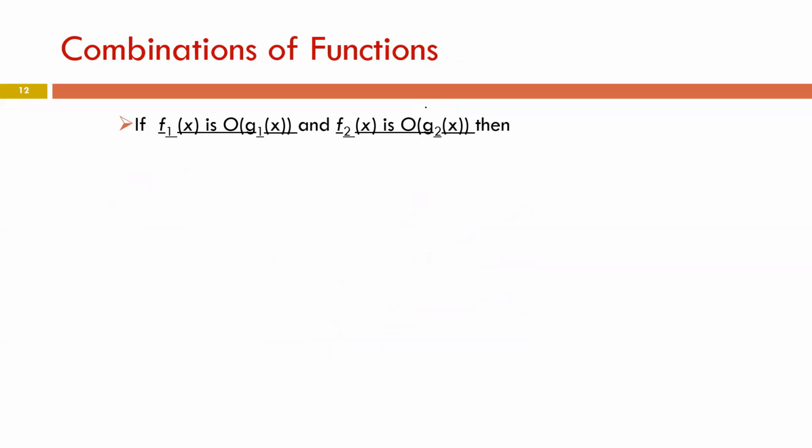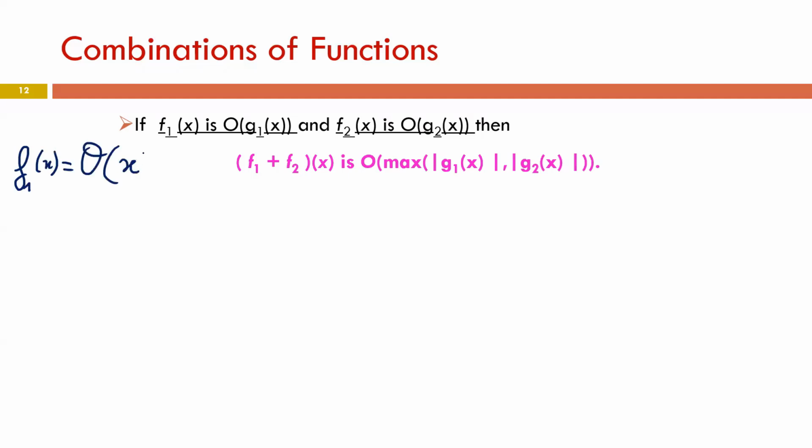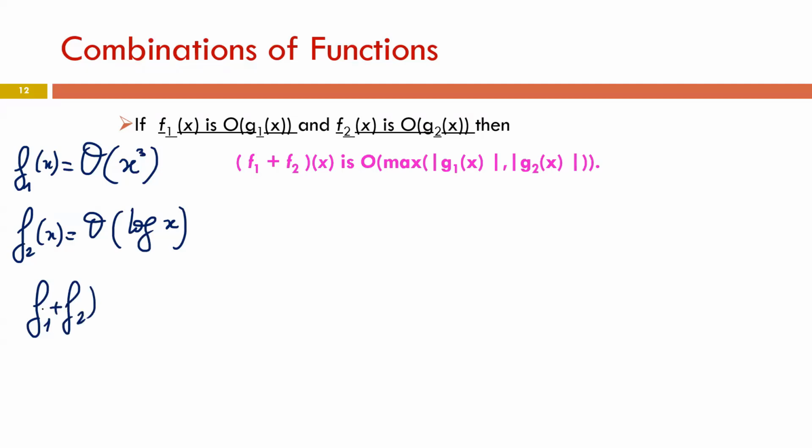Some properties. If F1 is a big O of G1 and F2 is a big O of G2, then F1 plus F2 is a big O of the max of G1 and G2. What does it mean? It means that if your function F1, for example, is a big O of x cube, and your function F2 is a big O of log x, then the sum F1 plus F2 will be big O of the max of x cube and log x.